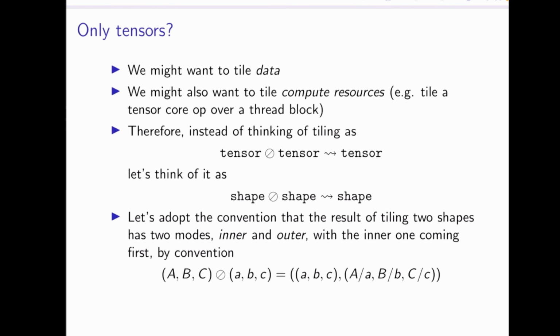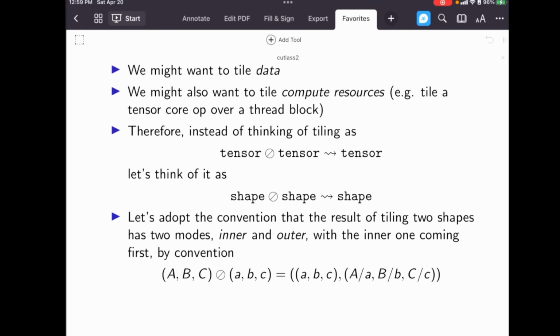I'm going to adopt this convention, which answers the question from before about nested modes: the first mode is going to be the inner one, which answers the question, which element in the tile am I looking at? And the second mode is going to be the outer one, which answers the question, which tile am I looking at?